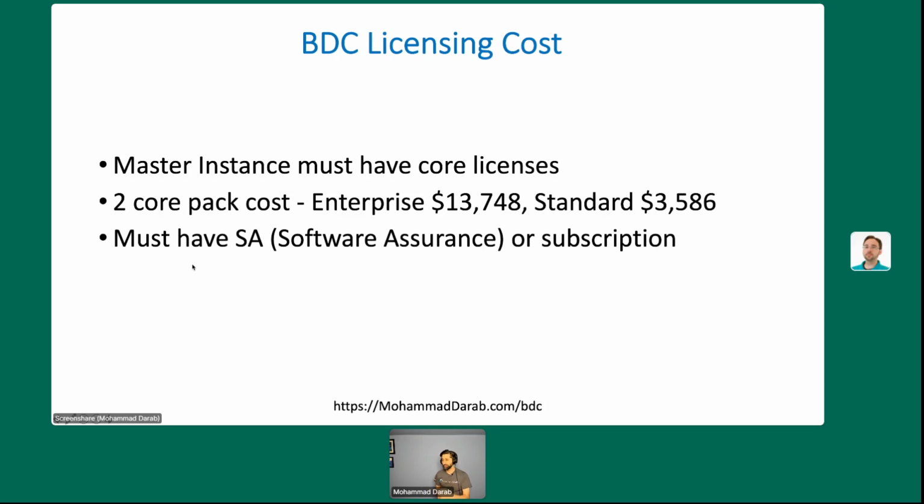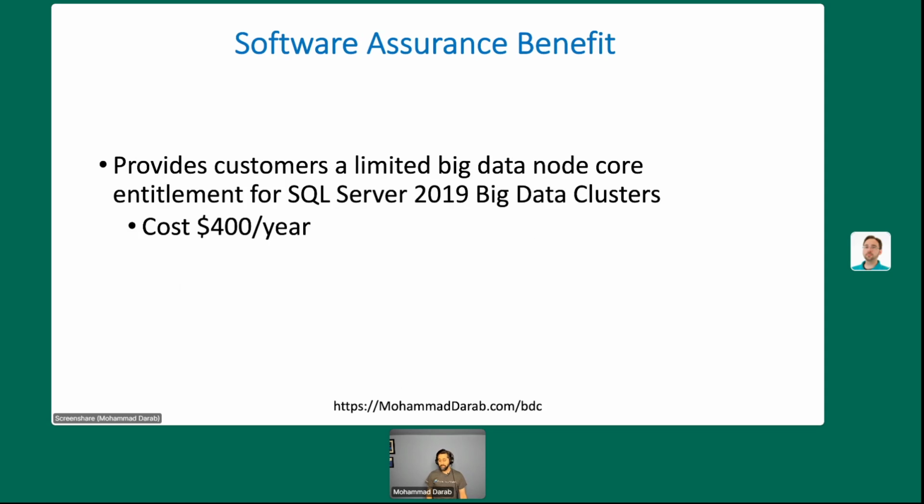Now you must have software assurance or a subscription. Now they do have a benefit, and what that benefit is for software assurance is that if you have software assurance, you are given this quote-unquote entitlement, or a BDN entitlement, or big data node entitlement. And we'll see what that specifically means. Otherwise, it's a subscription cost of $400 a year per 2-core pack.